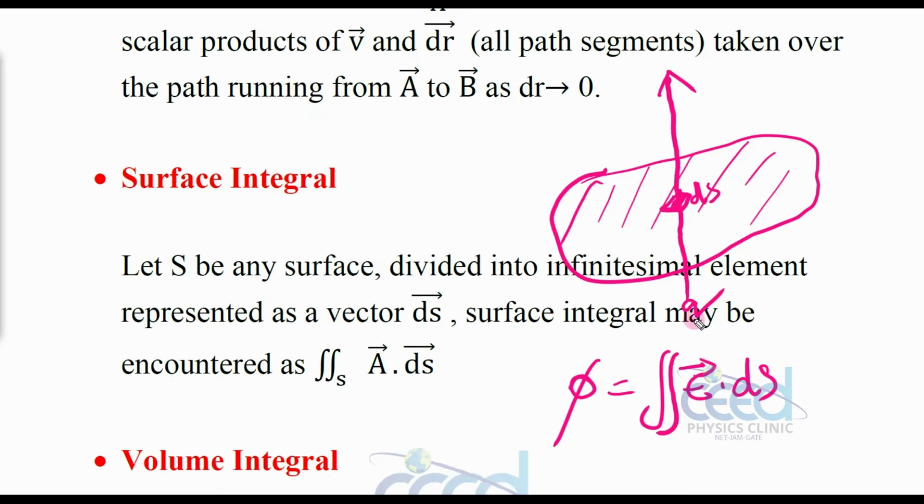This is actually the expression of the flux through a closed surface. By considering a small surface, you integrate to get the field through the entire surface. So here is the application of the surface integral.